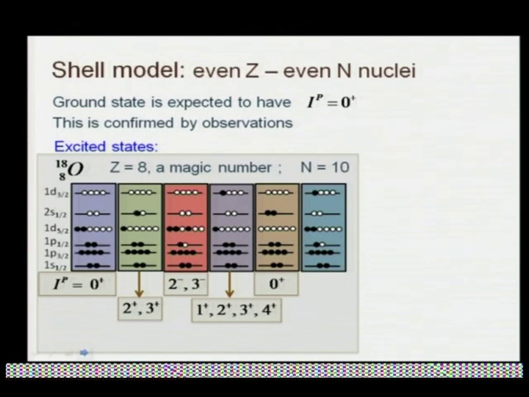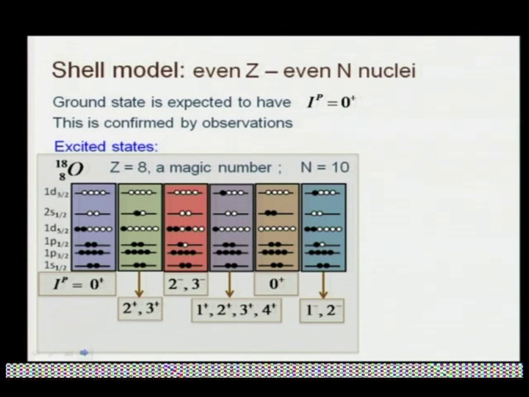Well, you could also take the 1p half, break that, and take it to d 3 by 2 instead of d 5 by 2, or you could take it to actually s half. Okay, you could take it to any of those things. So, the combination will here be either 1 or 2 minus.